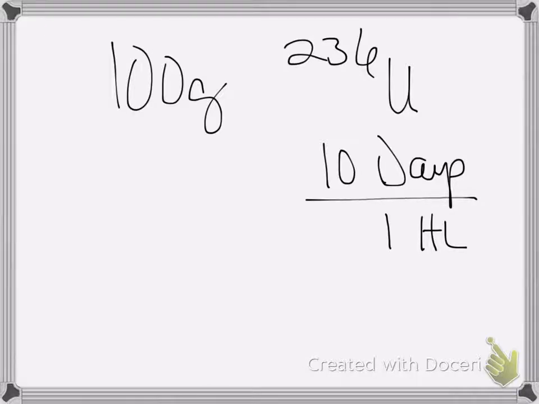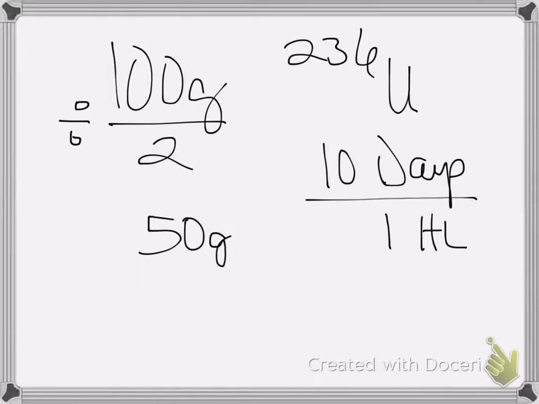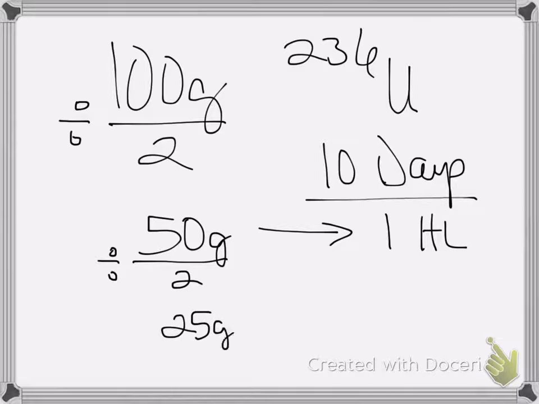So let's put that into practice. If we take 100 grams and divide it by 2, at the end of our first half-life, we end up with 50 grams. If we take that and divide it by 2 again, we are at 25 grams, which is technically our second half-life.